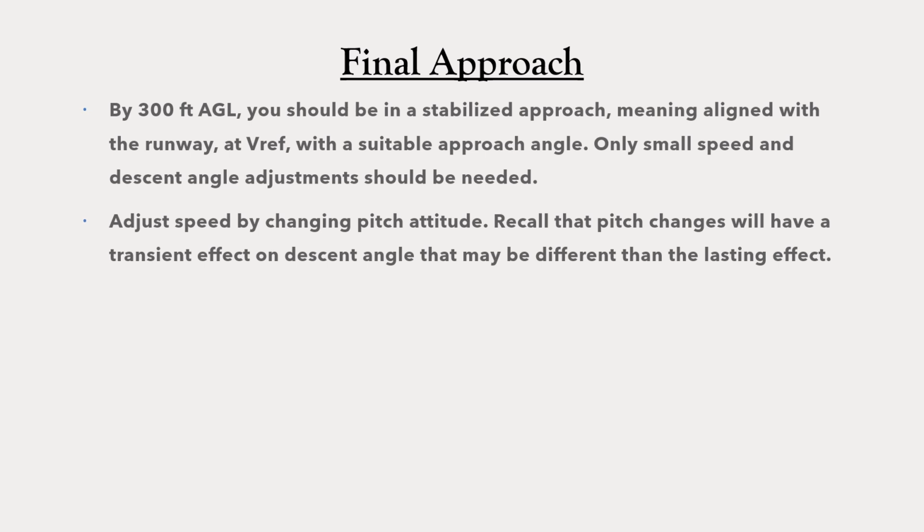But once the speed changes, the lasting effect may be the opposite of that. So pulling back on the stick and raising the nose may ultimately cause you to be descending faster. But the reason you're changing pitch attitude is to make the speed be what you want.